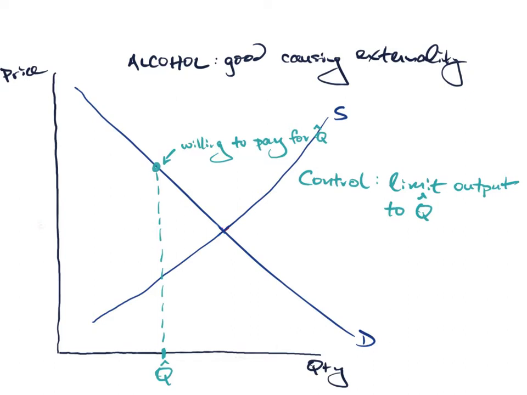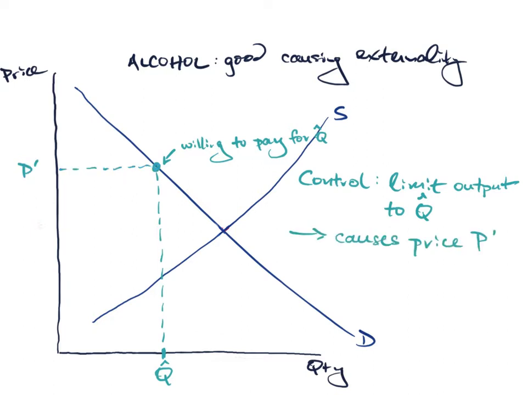The demand curve says that at this particular price, I'll call it P prime, quantity demanded would be Q hat. So, a couple of things. Just a second.